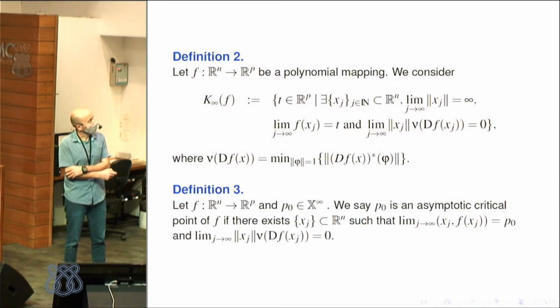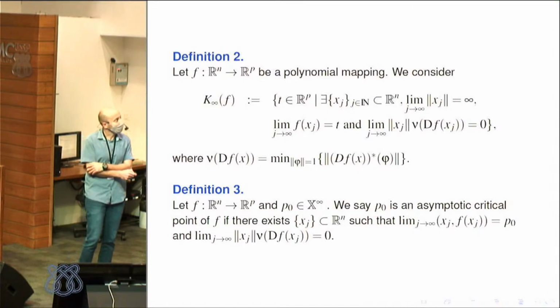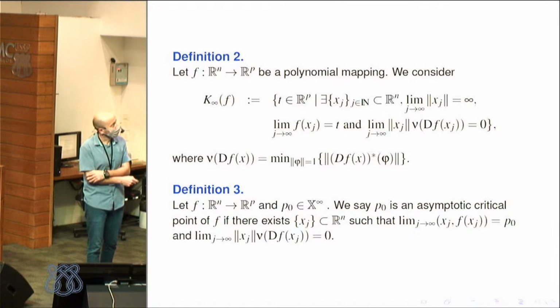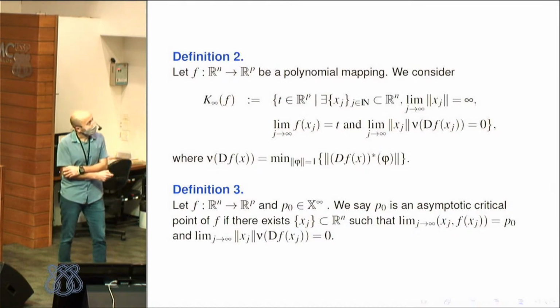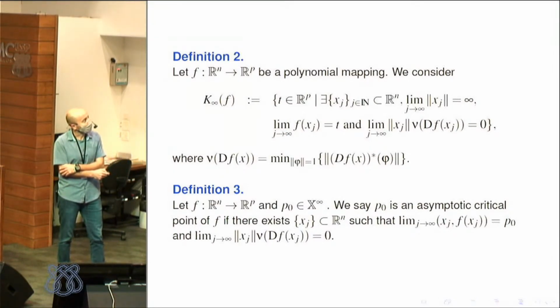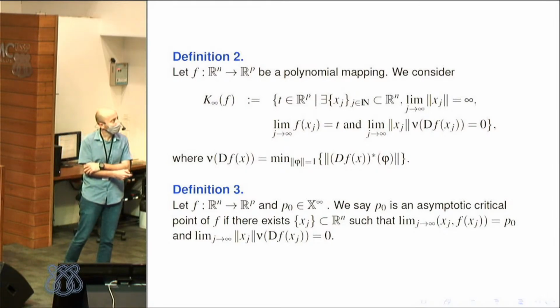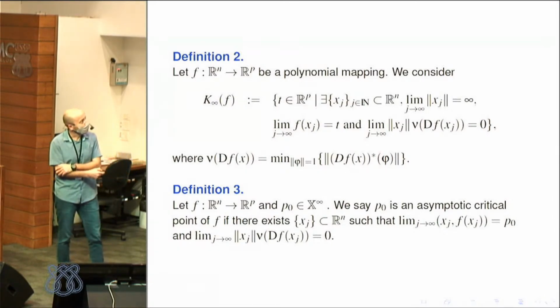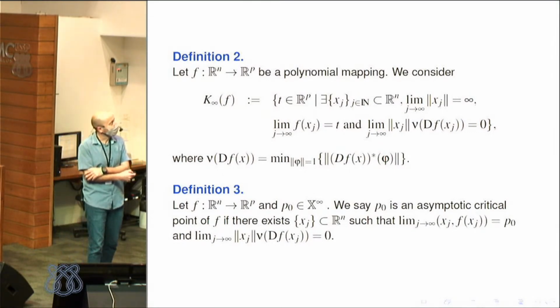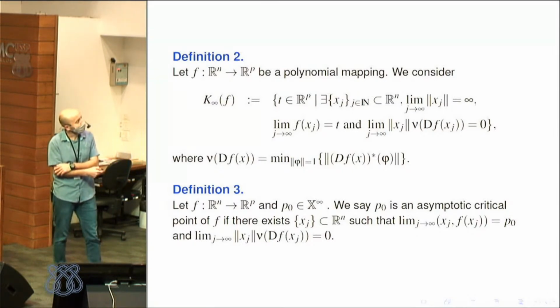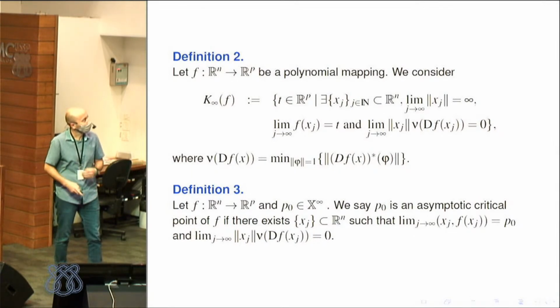Then you say that P0 in X infinity is an asymptotic critical point of F if there exists a sequence in Rn such that, when you consider this sequence in the graph of F, the limit is exactly P0, and also the same condition holds: the limit of this product tends to 0.